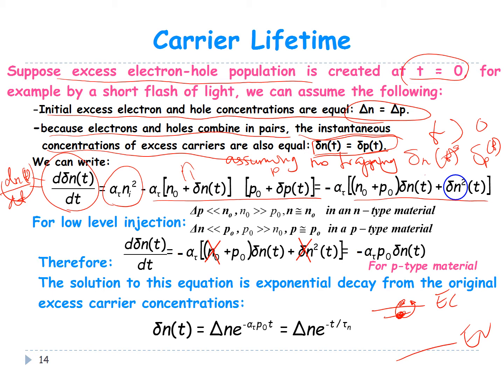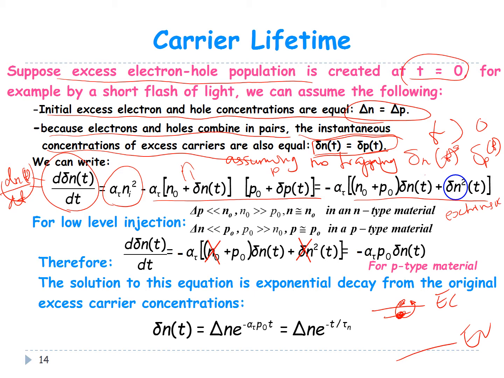Now, before we get the solution for this, we have to simplify this equation further, and to do that we assume two things. So the first thing that we are going to assume is that the material is extrinsic.